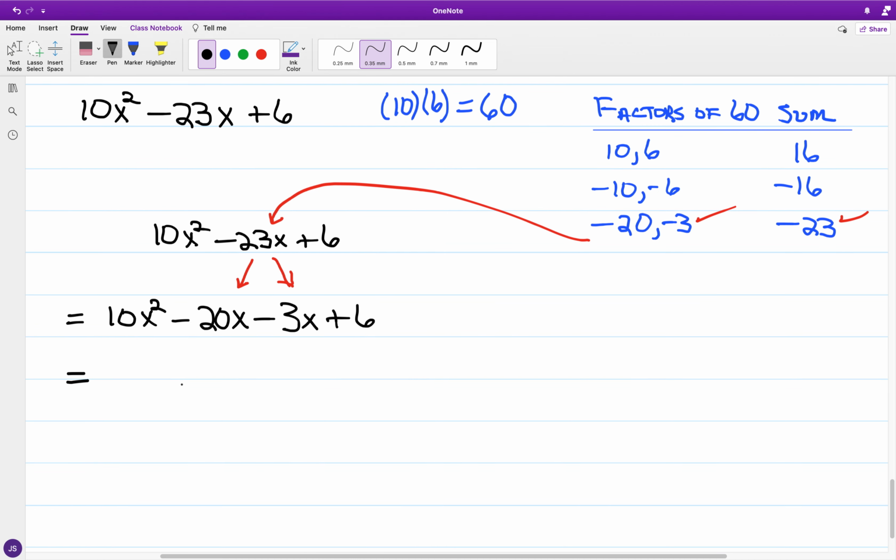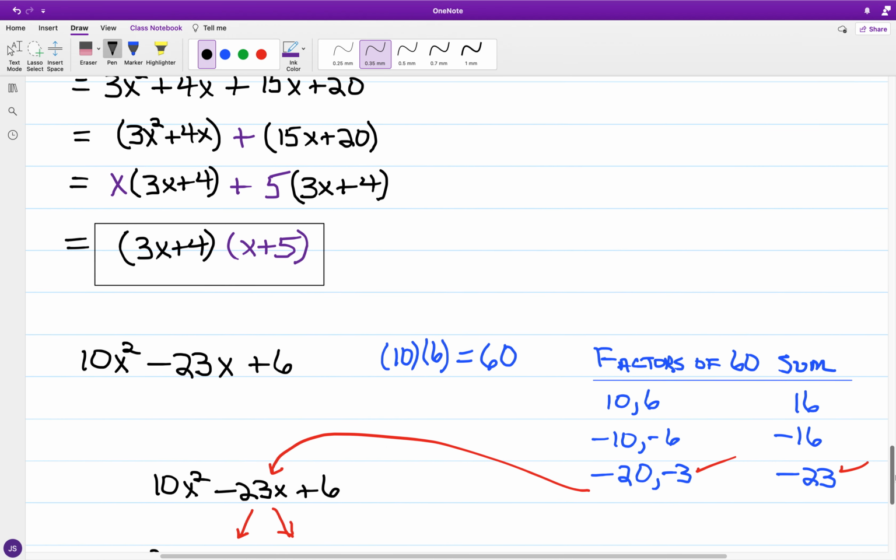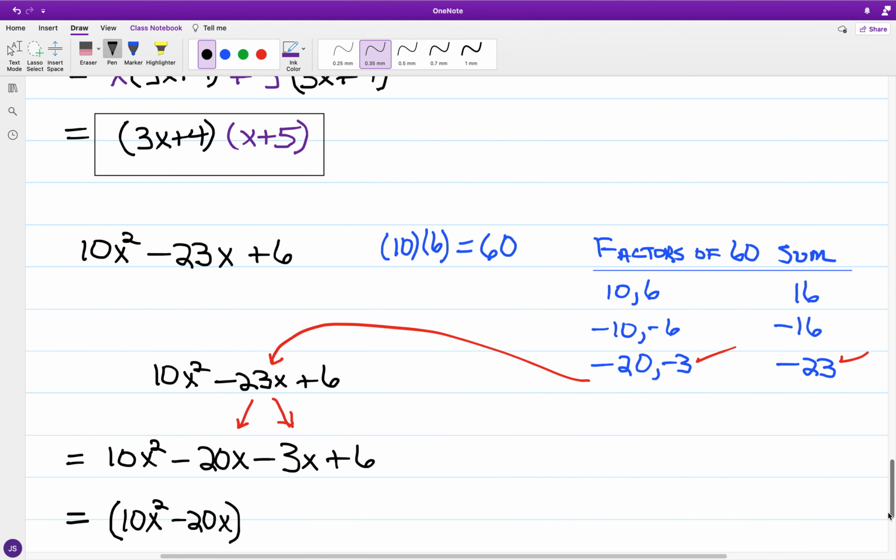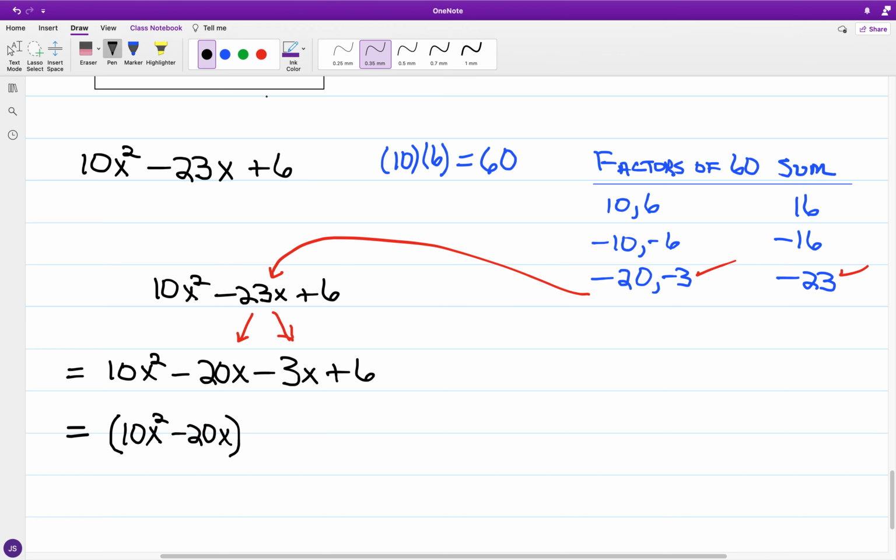Now the grouping stage is going to occur. For the first two terms, we have 10x squared minus 20x. If you notice, in the prior example the operation in the middle was addition, but here we now have subtraction.